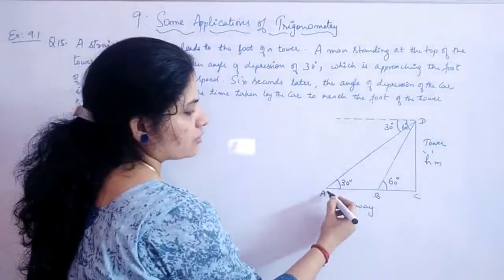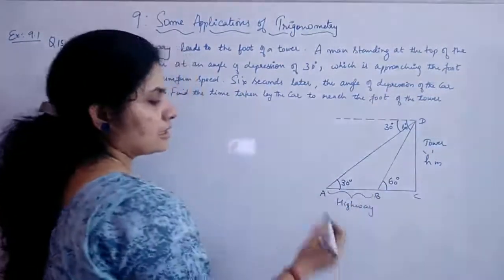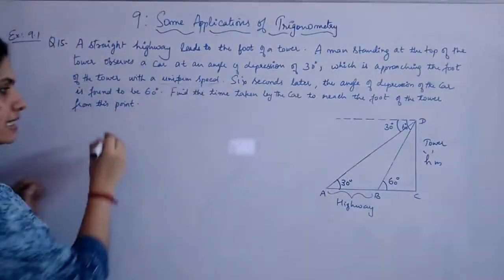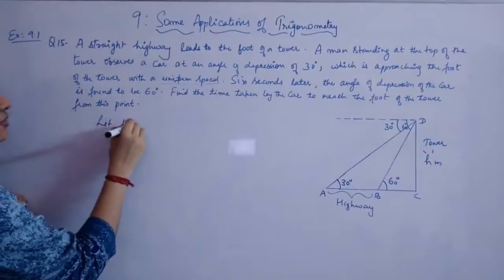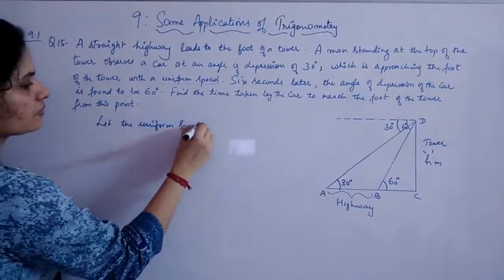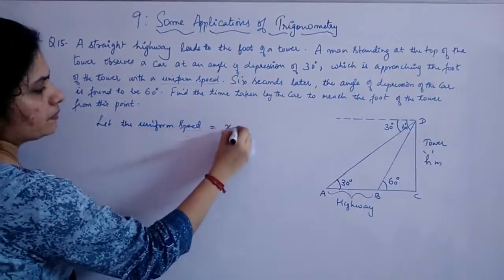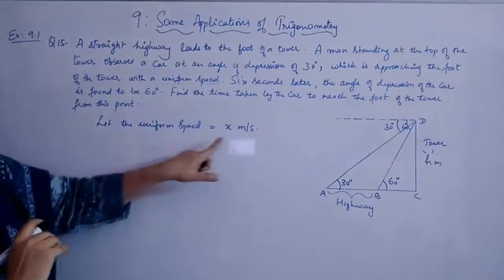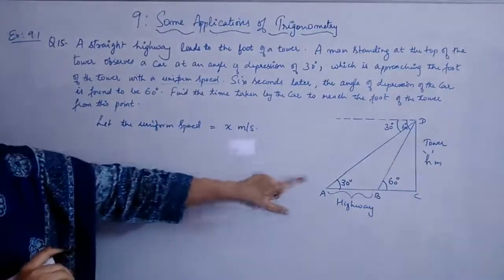And what about this length AB? They have given that it has a uniform speed, so suppose let the uniform speed of the car be x meters per second. So what can we say about AB?